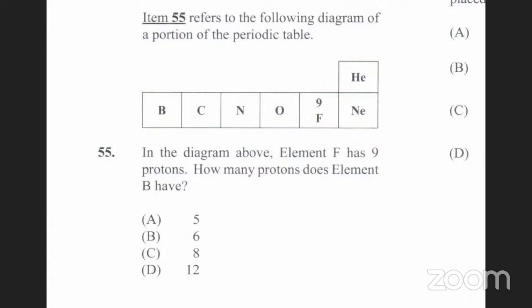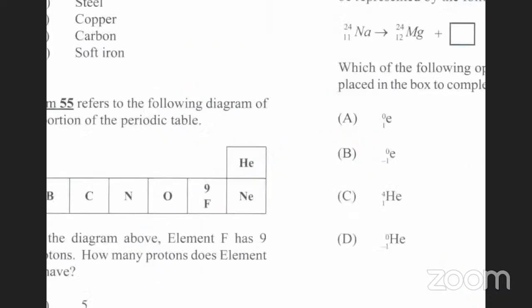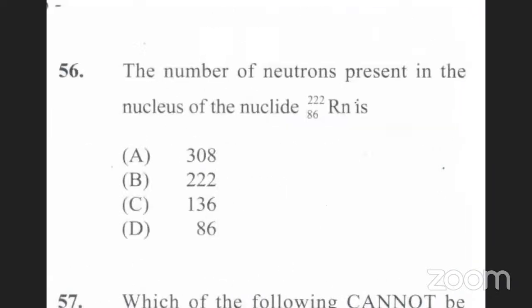So B is how much? 5, yeah. So you're just going backwards. We never saw a period, it's just going in order of atomic number. 55 is A, right? 55 is A.